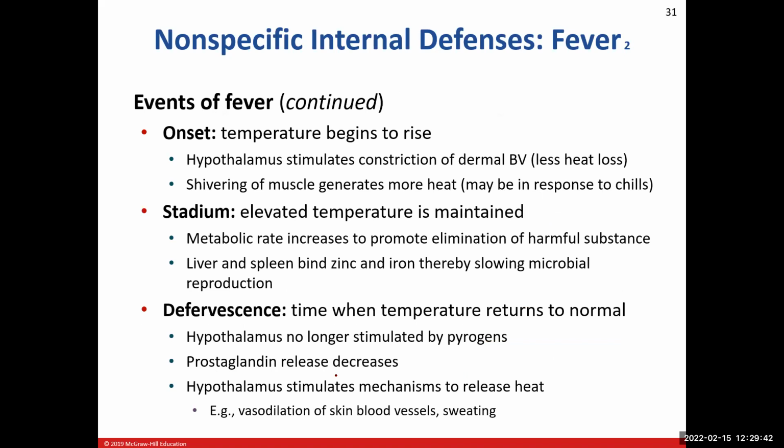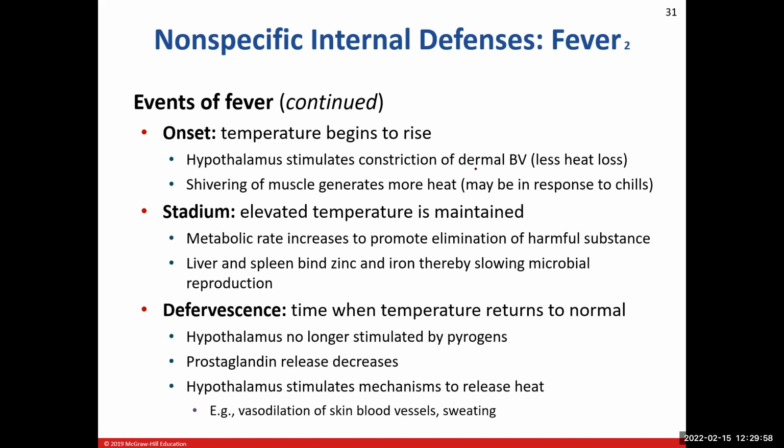Almost done. So fever has 3 stages here: onset, stadium, and defervescence. Onset, obviously, is when your body temperature starts to increase.